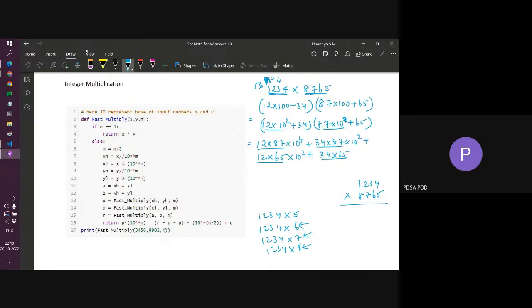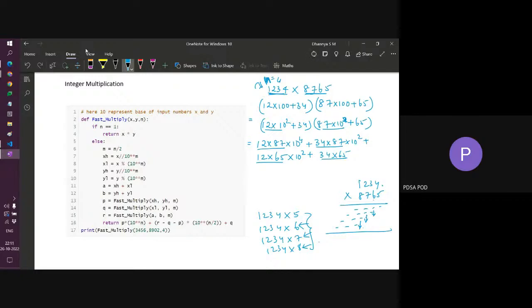Okay, whatever is the product of 1234, you will write it here. Whatever is the product of 1234 into 6, you will write it here with 1 digit shift, then you write it here with 1 digit shift, and here with 1 digit shift. So you are still doing 4 multiplications here, right? Now we are trying to see if we can do any better by using divide and conquer.